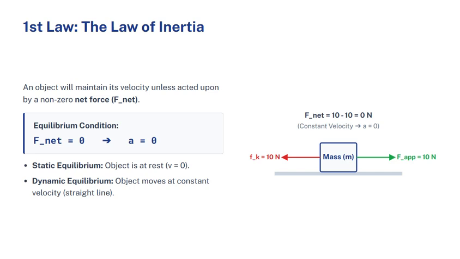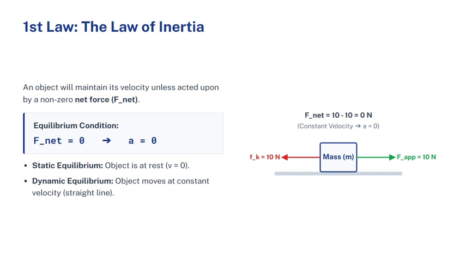It's fine though. Okay, first off is the law of inertia: an object will remain in motion unless it's acted upon. The forces that contribute to equilibrium are called the F net. Static equilibrium means the object is at rest.